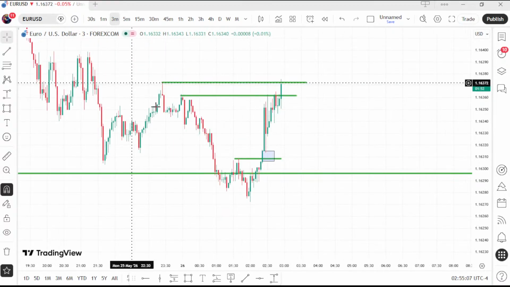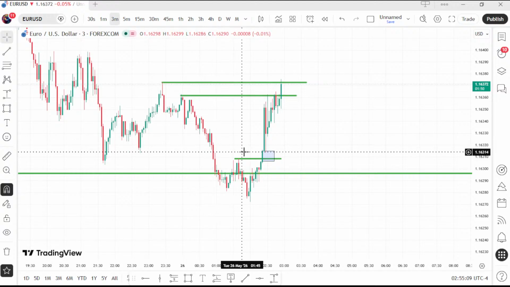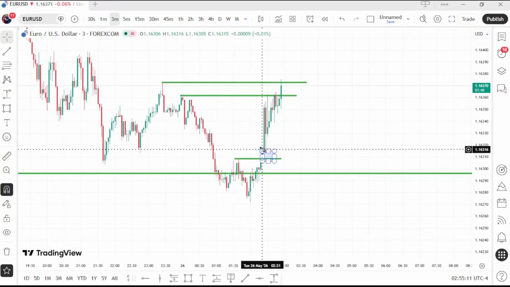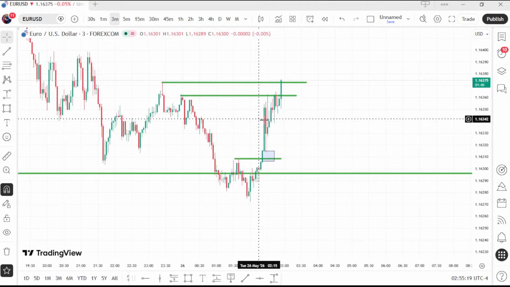The 3 minute, it came back into the fair value gap in the 3 minute time frame. That's where price started now rallying up high.